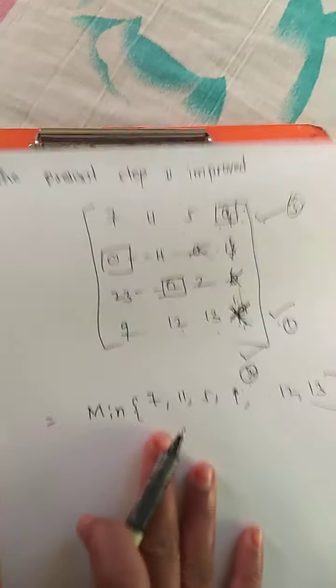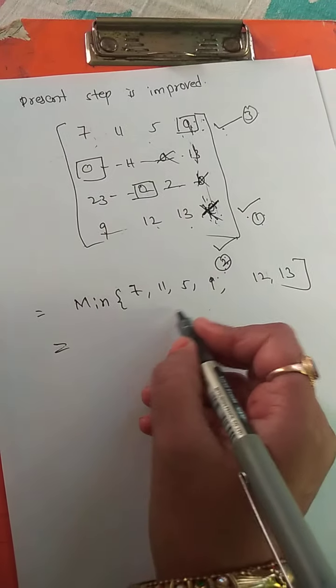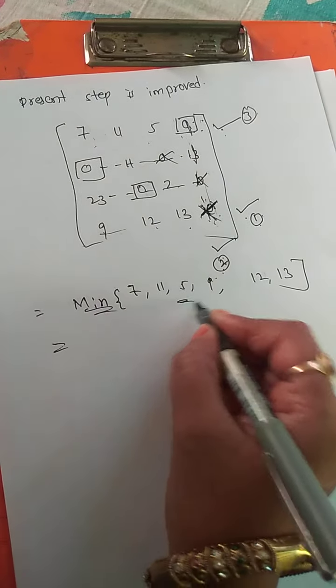Okay, next in this we have to select the minimum value, that is 5.